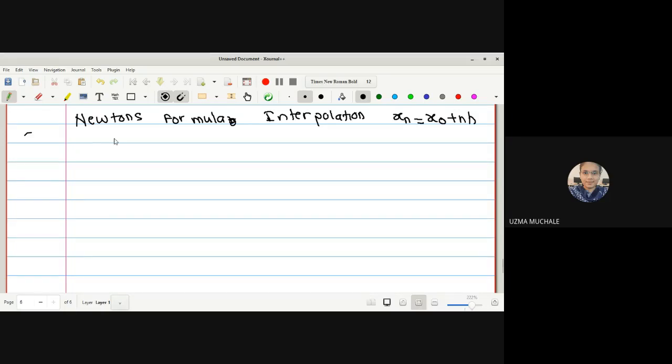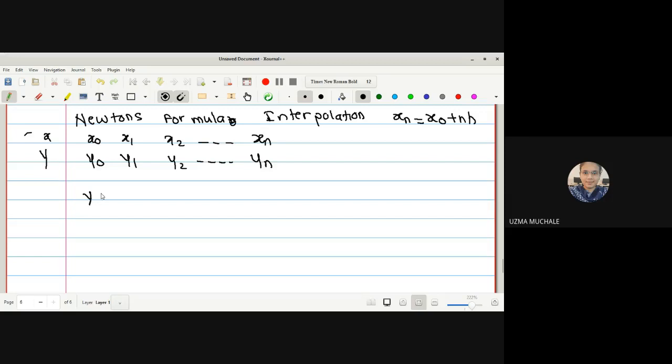We are having a set of n plus 1 values, say x naught. So now we have to find out Newton's interpolation formula. Whatever we have done for Lagrange's, we will do the same thing.